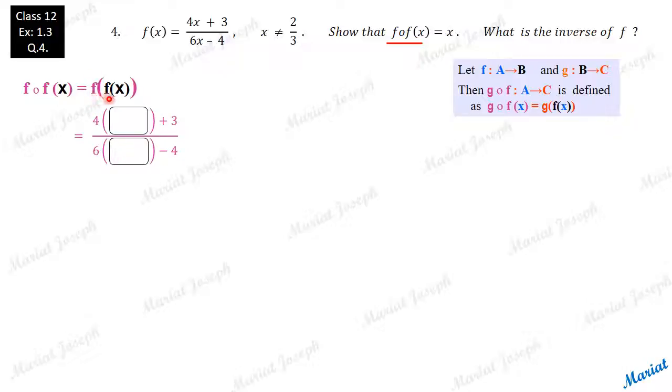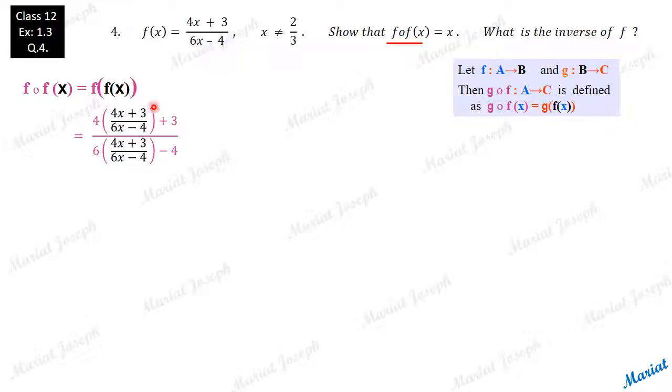So what will be the element here and here? Both should be f(x), and f(x) is this whole expression. This whole expression should be treated as one element and placed here and here. So it goes this way: (4x+3)/(6x-4) in this bracket, as well as (4x+3)/(6x-4) in the next bracket. This is f(f(x)).